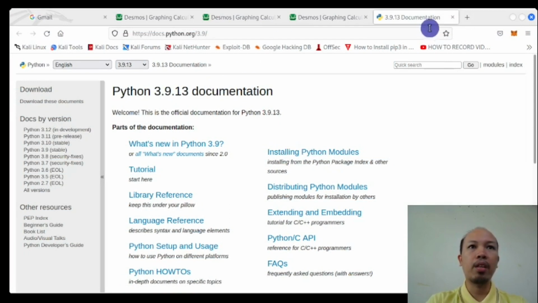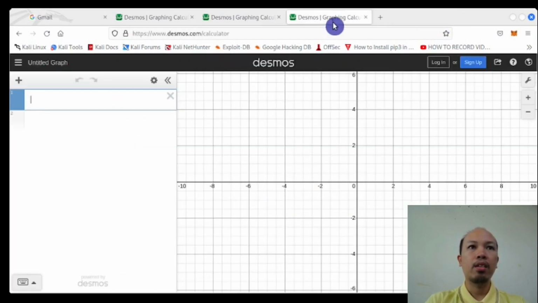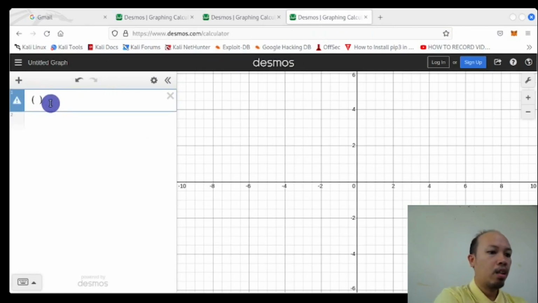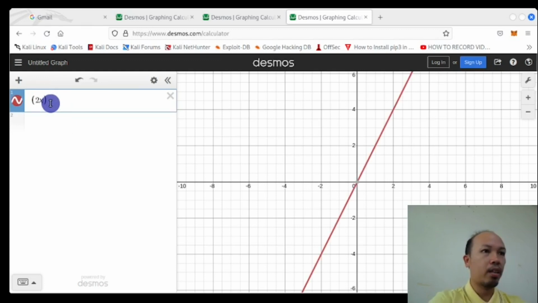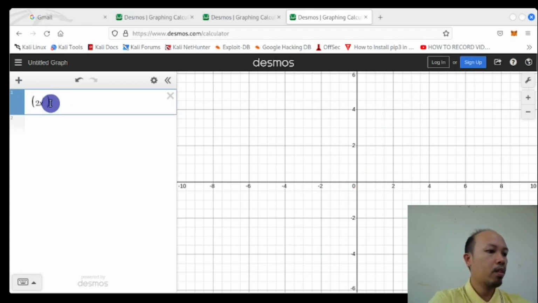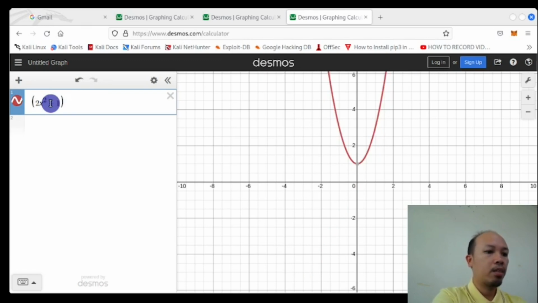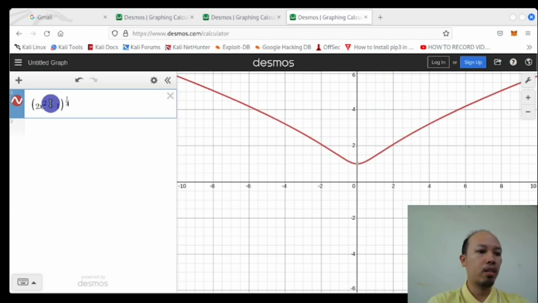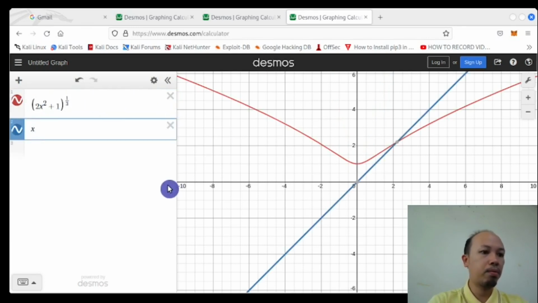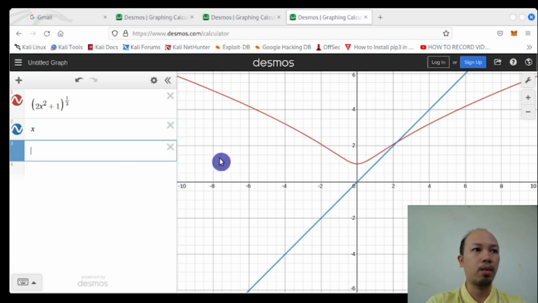Firefox browser, and let's go to our Desmos graphing calculator, and then let's plot our function (2x squared plus 1) raised to the power of 1/3. Okay, that one, and then our y is equal to x is that one.